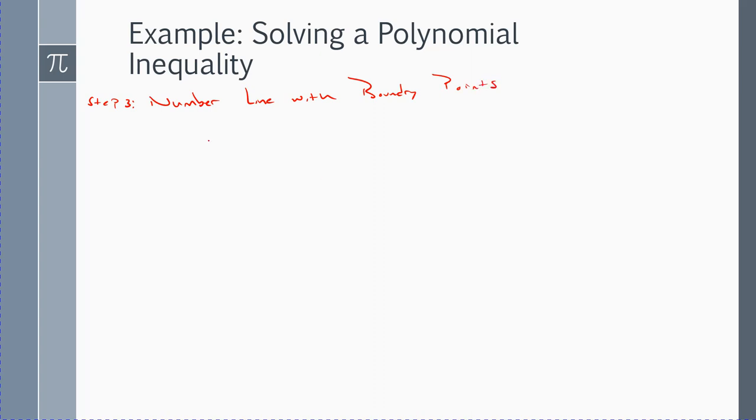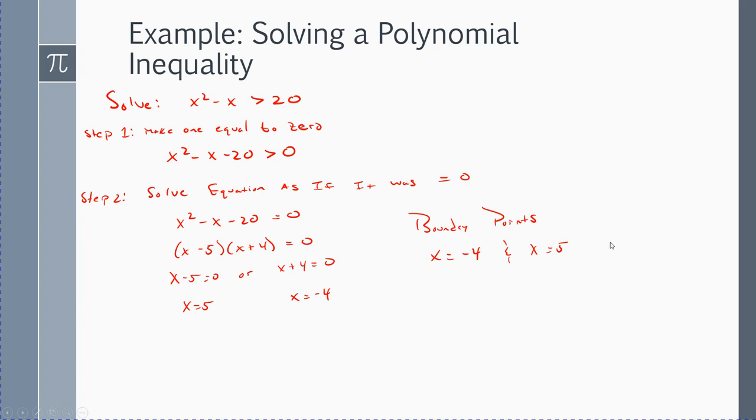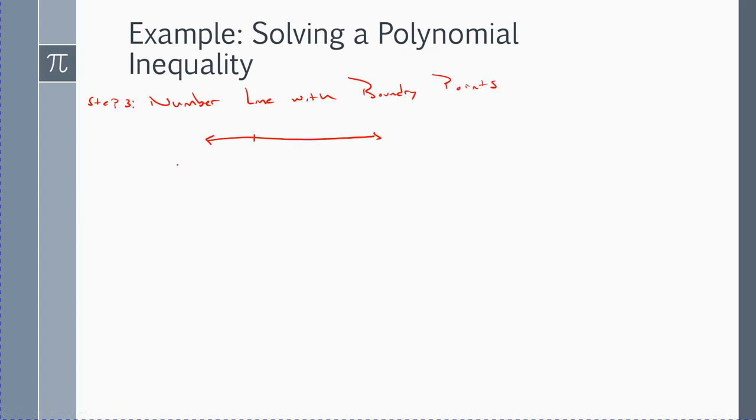Here's a number line, and my boundary points were negative 4 and positive 5. This side of the number line is one interval: all the numbers from negative infinity to negative 4.